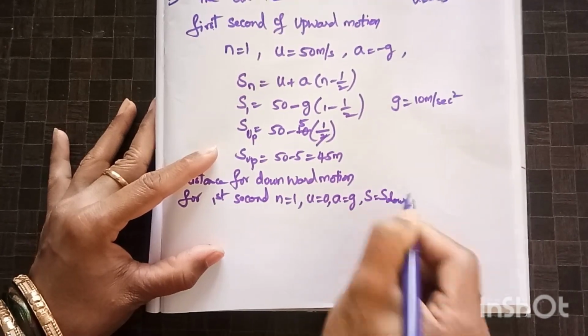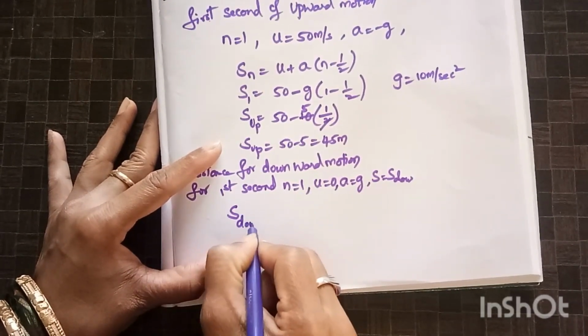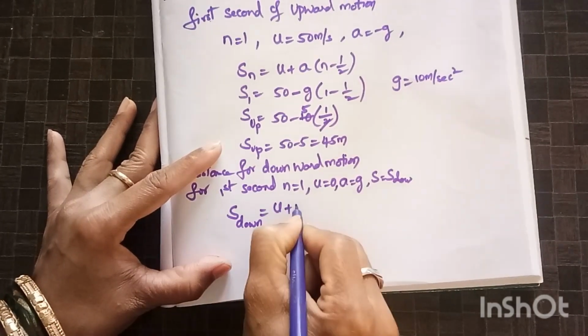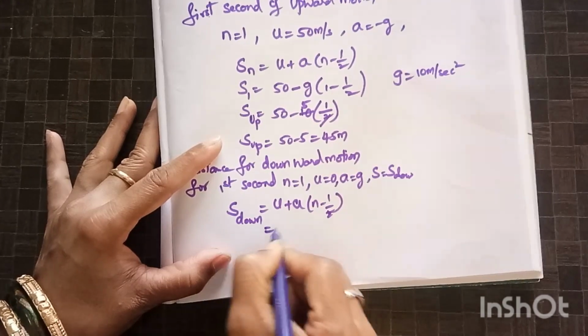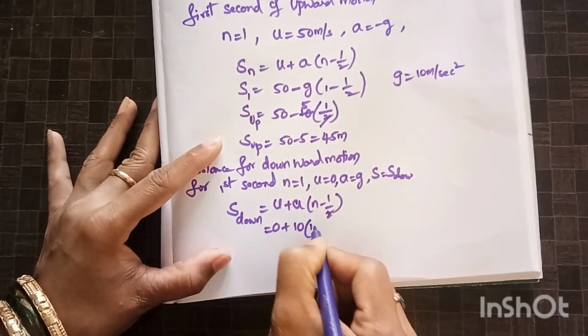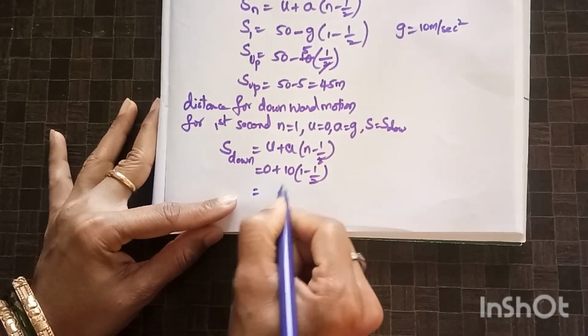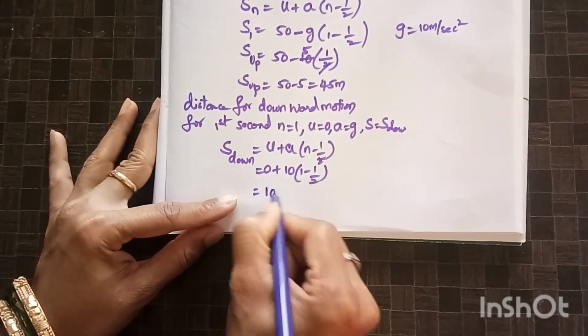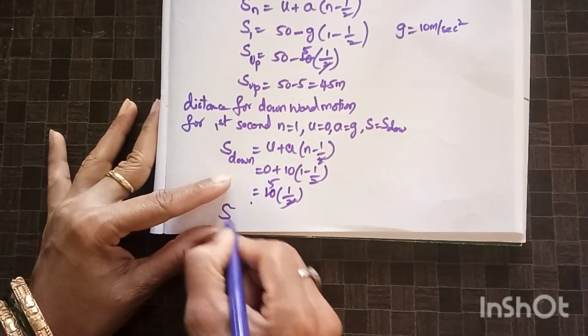So S down is equal to u plus a into (n minus 1 by 2), which is 0 plus 10 into (1 minus 1 by 2). 0 plus anything will be anything. 10 into 1 by 2, so S down is 5 meters.